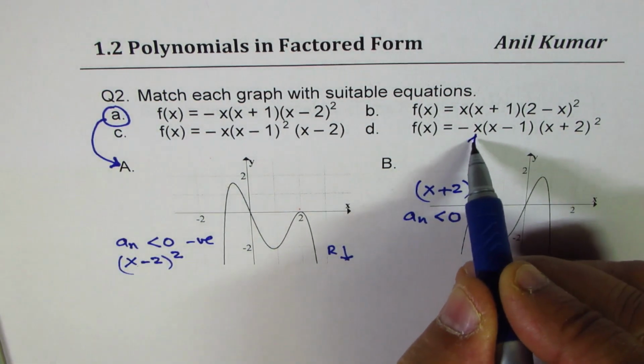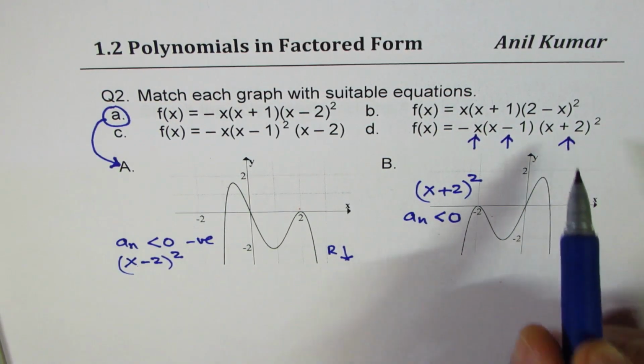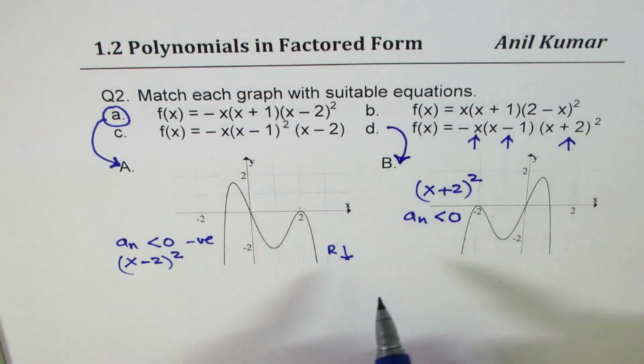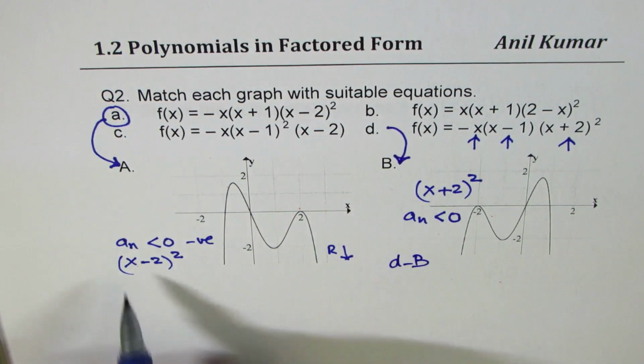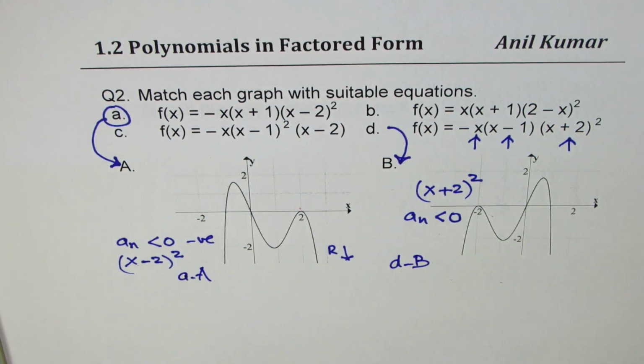So we have zero at x equals 0, x equals 1, and double zero at x equals minus 2. So D matches with B, correct? So D matches with B and A matches with A.